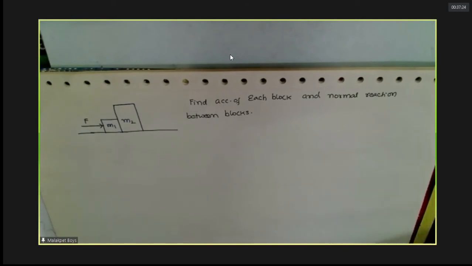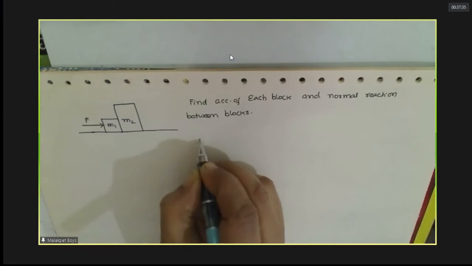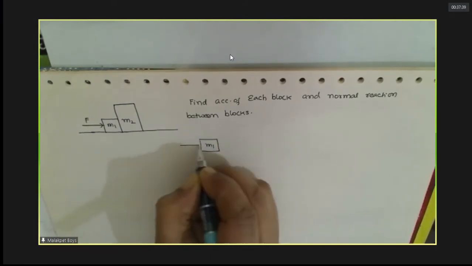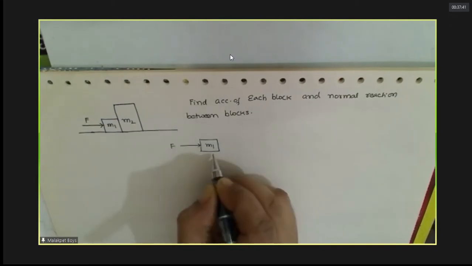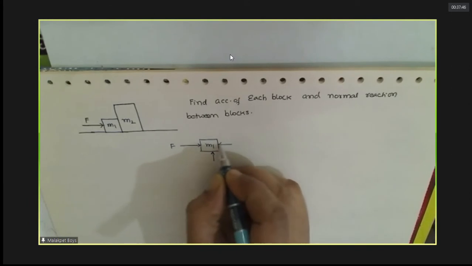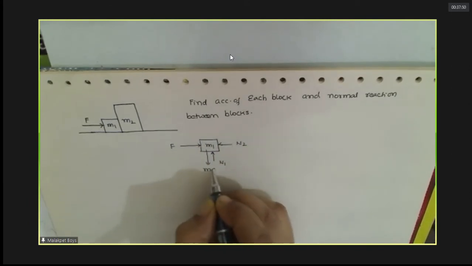See, you can do this. We'll draw the FBD. M1 is there now. This is N2. Do you agree with this?